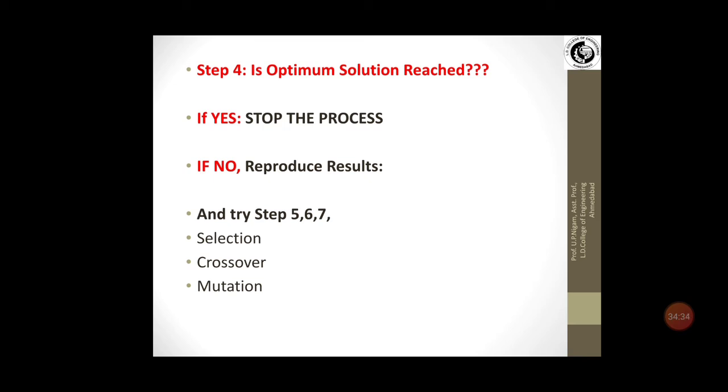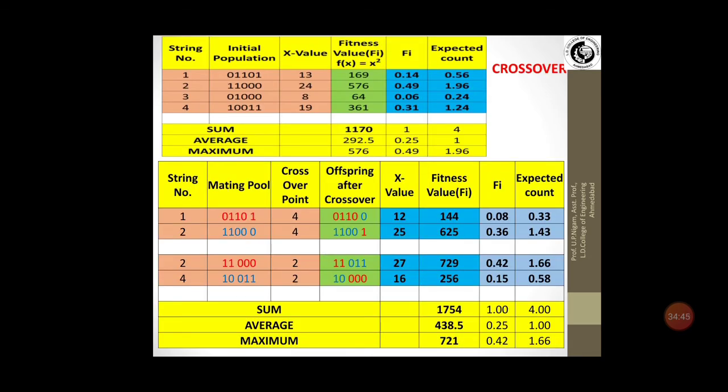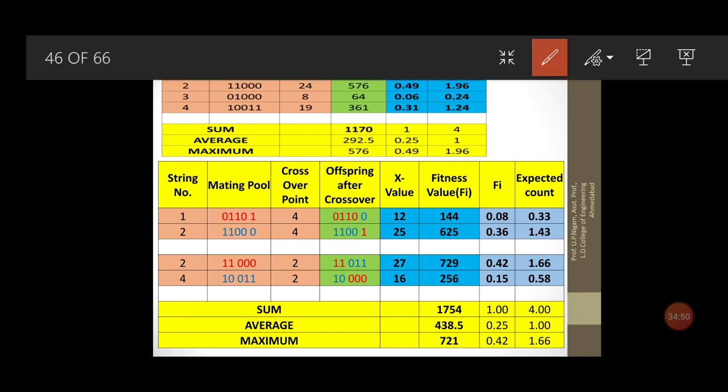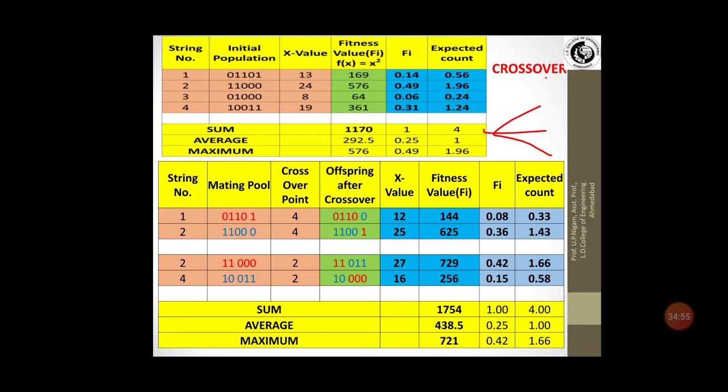That means trying steps 5, 6, 7, which are selection, crossover and mutation. Selection we have already done, and now we will go for the crossover and mutation. The upper table is the previous table, and the bottom table you are seeing here is for the next activity, the crossover.